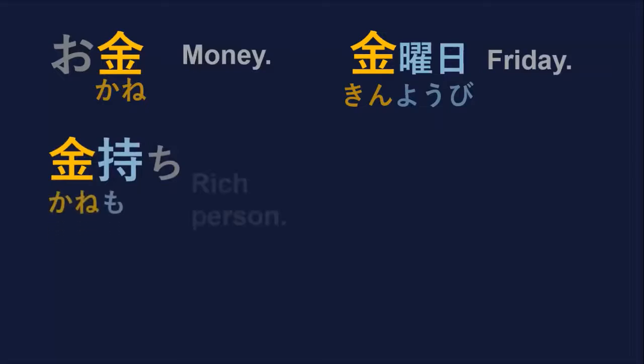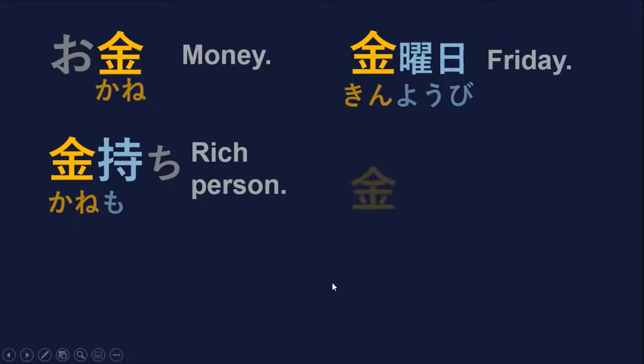Next is for a rich person, someone who has a lot of money, you say 金持ち、 kanemochi. Or you use honorific o here, so okanemochi. You can say that. And for gold, it is 金、 kin.